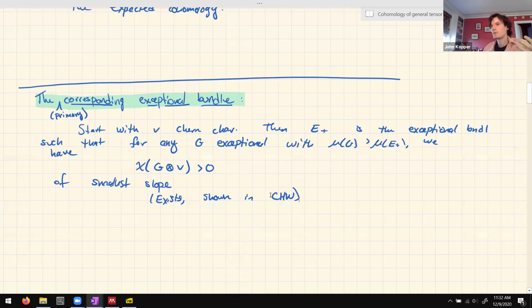I need to describe one other piece of the puzzle that I'm associating to V. And for simplicity's sake, I'm going to assume that the Euler characteristic of V tensor its primary corresponding exceptional is positive. So if you read this definition very carefully, it does not require that the exceptional has positive Euler characteristic.